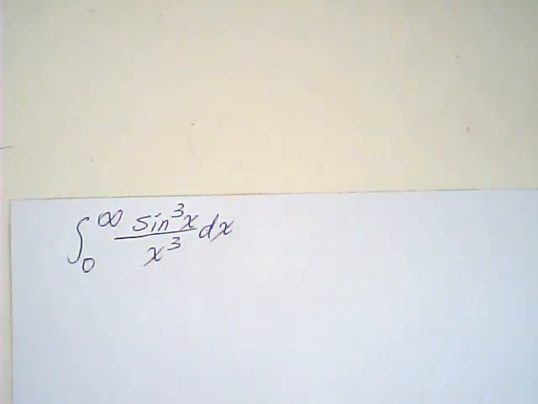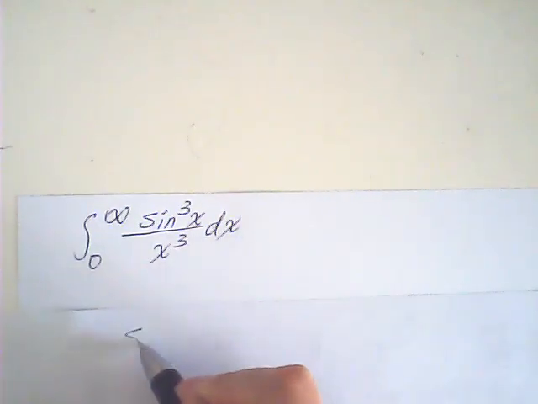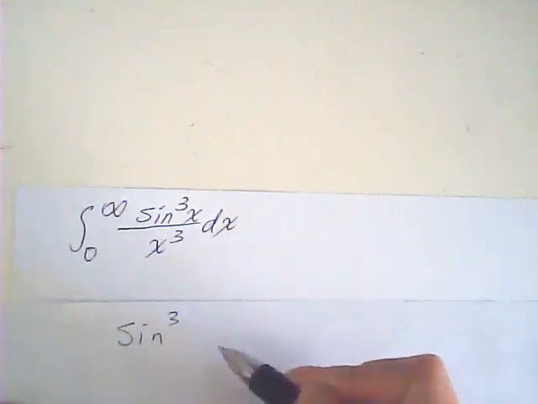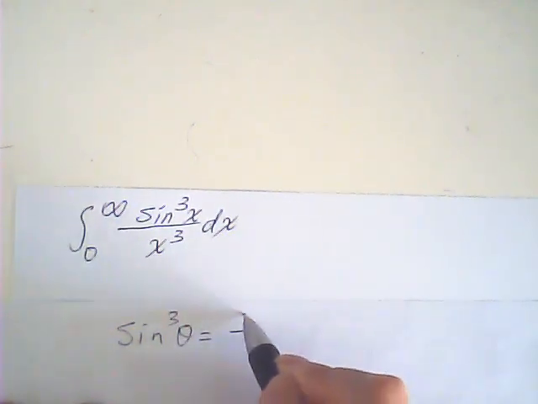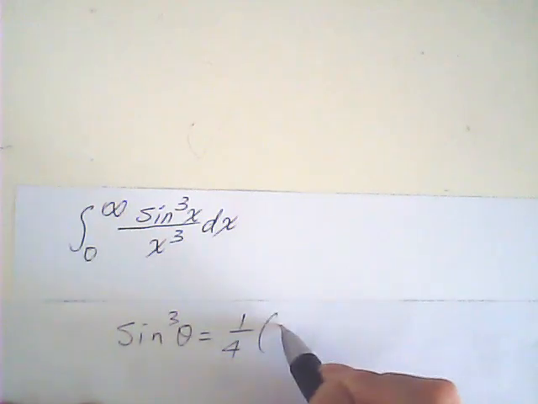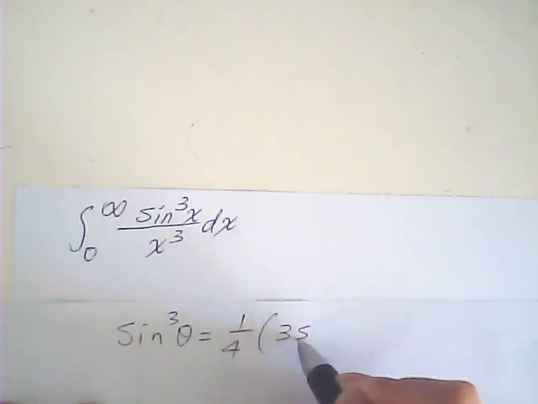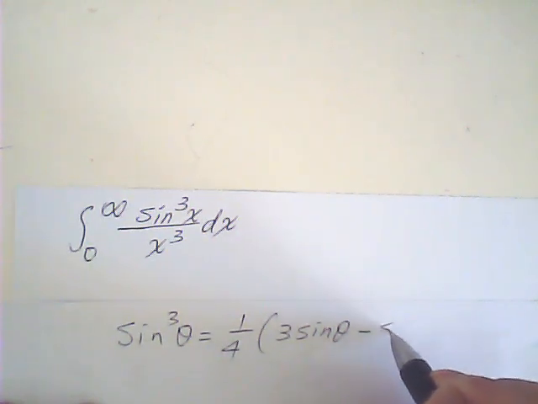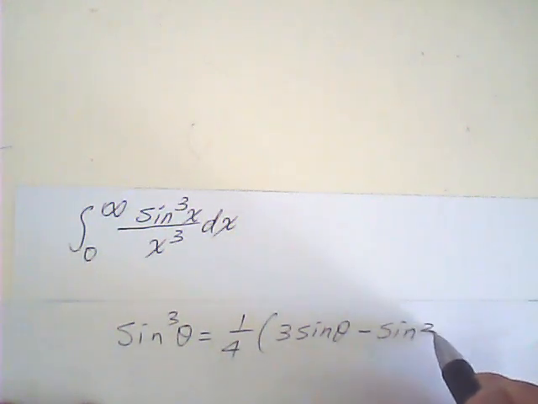Let me see, how do I start? I start this one by using the formula sine cubed theta is equal to 1/4 of (3 sine theta minus sine 3 theta).